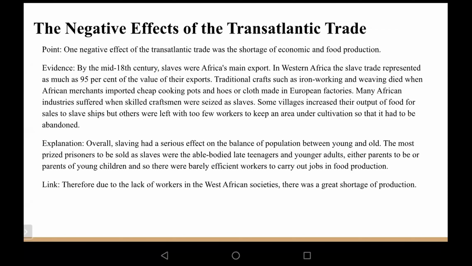You just list them: iron mining, food items. Give some examples. One or two, you don't need a lot in an exam. Then you use the evidence up here as the explanation.